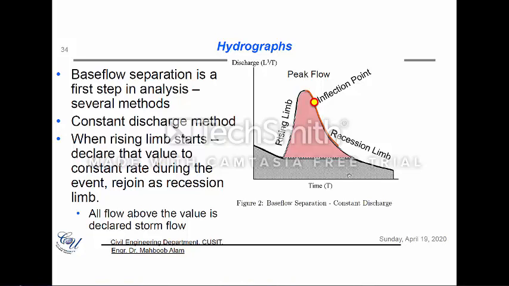Anything below that line is the base flow, and anything above that line is the discharge coming from the storm, or direct runoff. This is one simple method: just draw a straight line from the point where discharge is increasing and meet it at the recession limb, and that would be our separation.